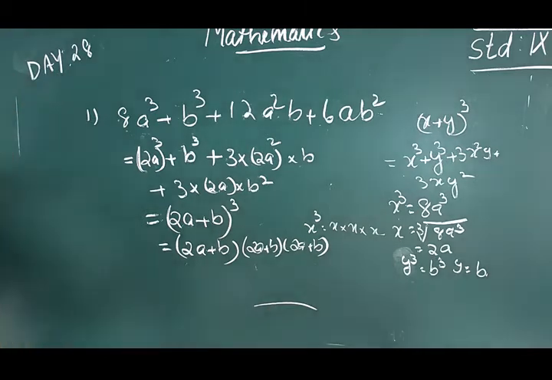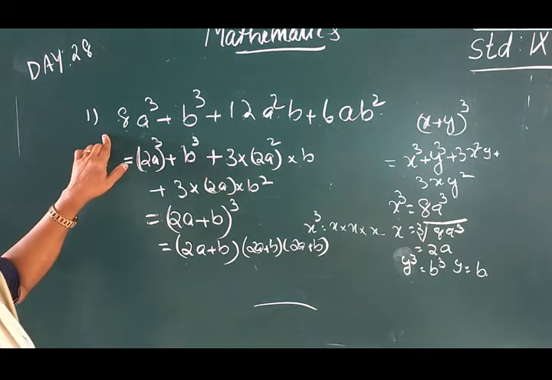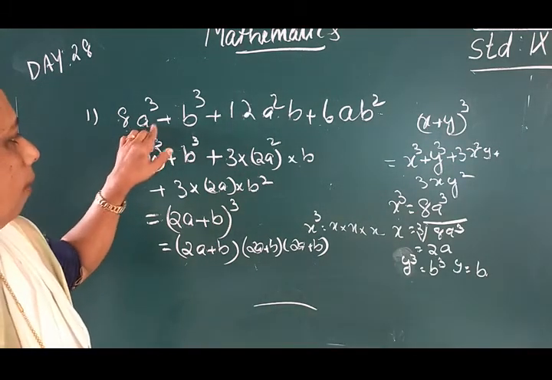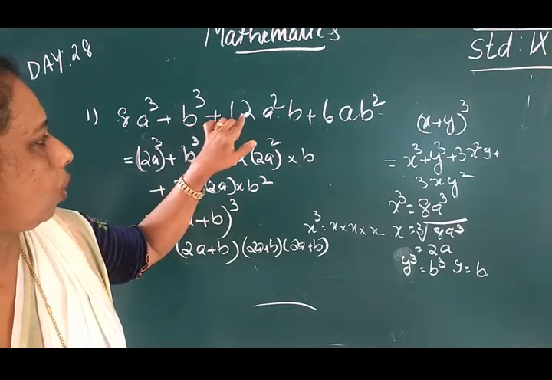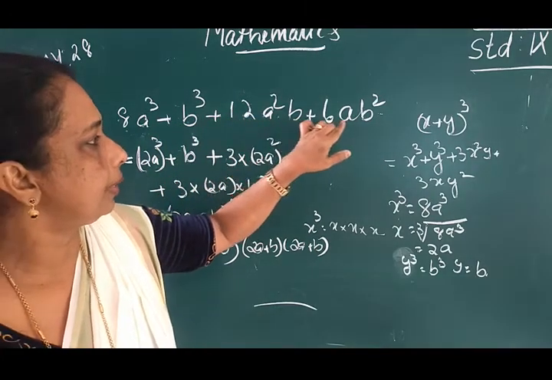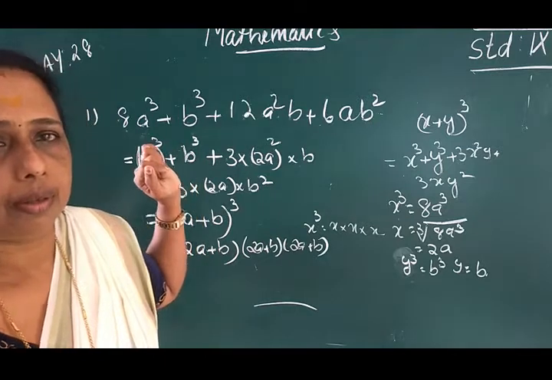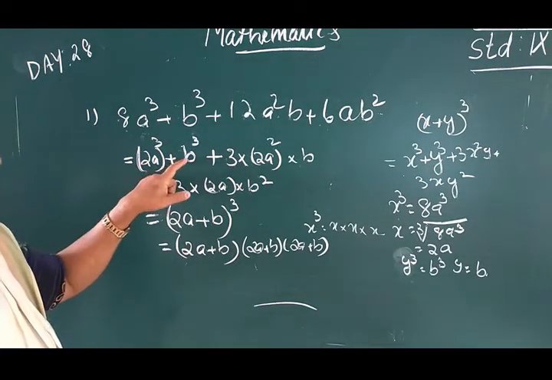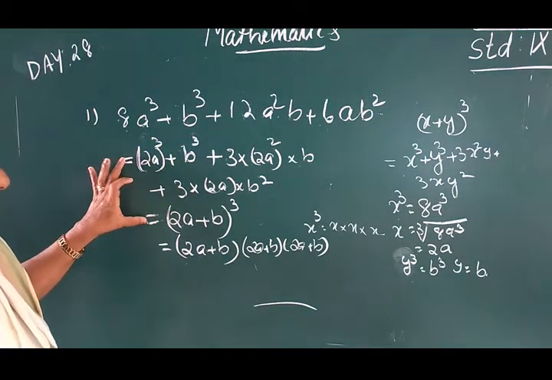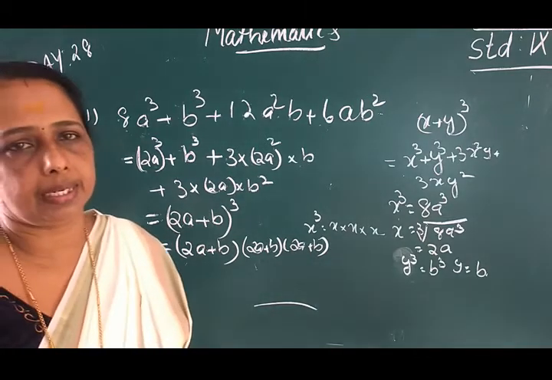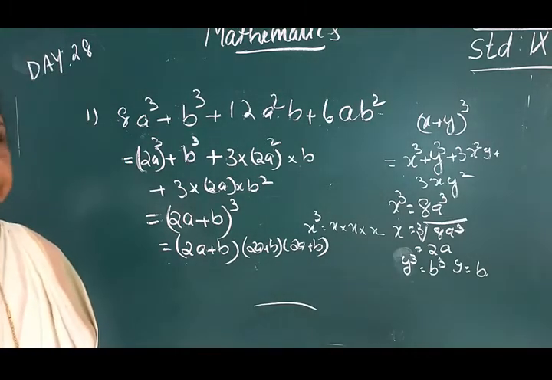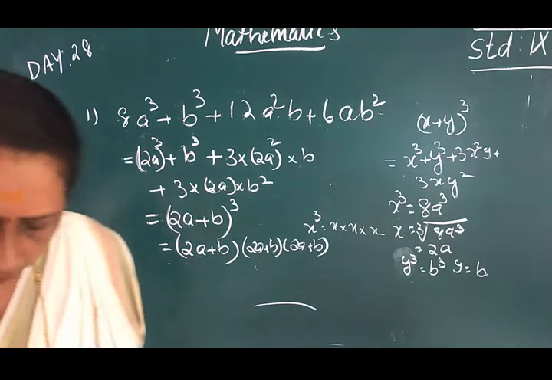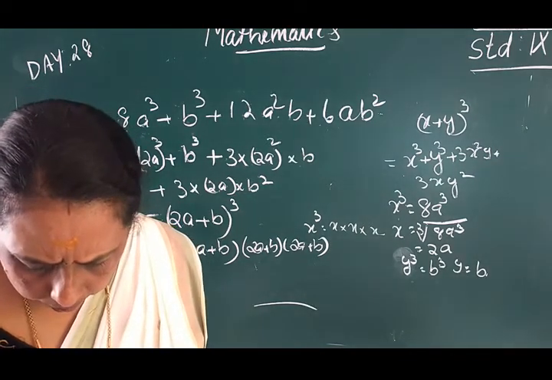This way we can factorize the given expression 8a cube plus b cube plus 12a square b plus 6ab square. First find x and y, then write the expanded form, then write the factors. This is the first problem of the 8th question.